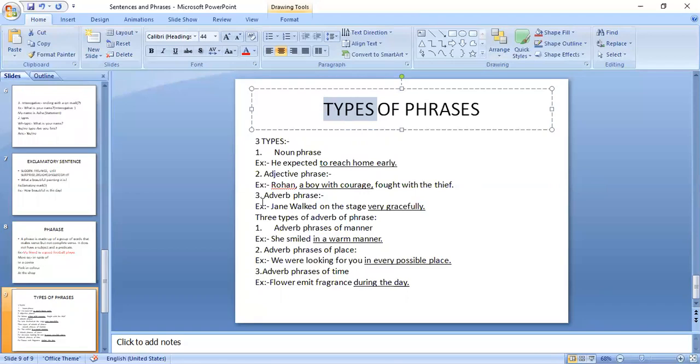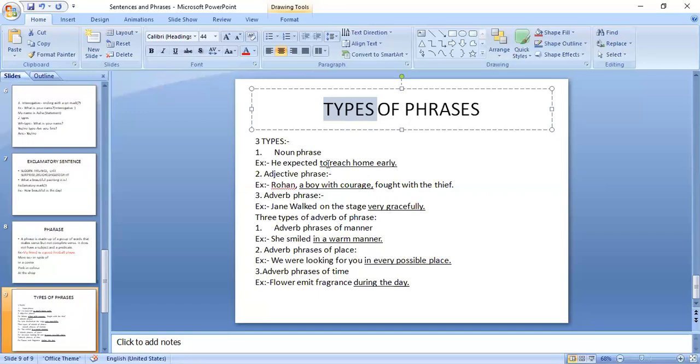Next one is adverb phrase. An adverb phrase is a group of words that performs the function of an adverb in a sentence. One example I have taken: Jan walked on the stage very gracefully.